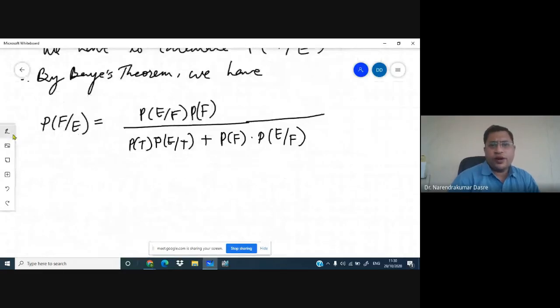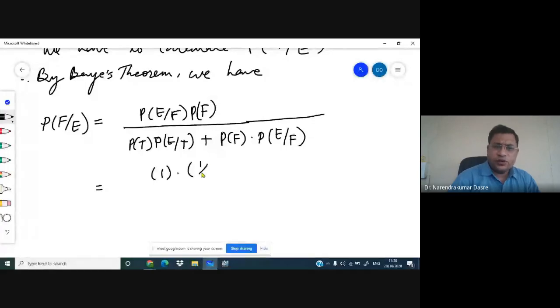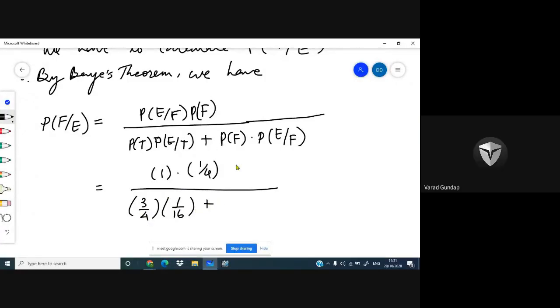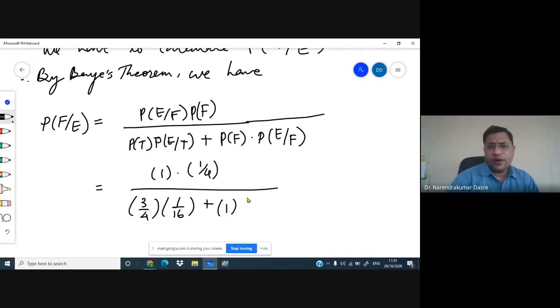So the probability of E given F is 1, and the probability of the false coin is 1 by 4. Then the probability of the true coin is 3 by 4, and here 1 by 16, plus 1 into 1 by 4.